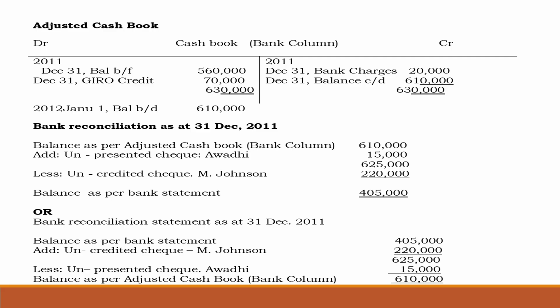So we forget 560, now we go with 610. Then we add the unpresented check 15 to get the balance, then we less the uncredited check Johnson 220. Then the balance as per bank statement is 405.